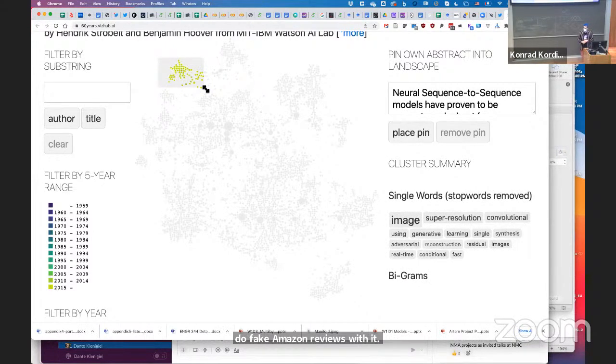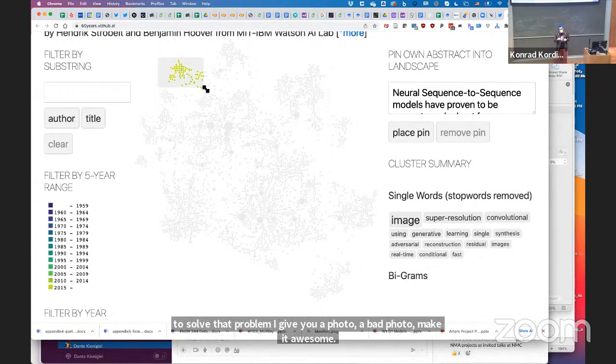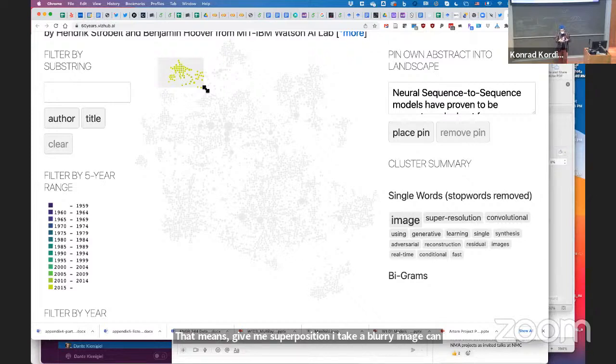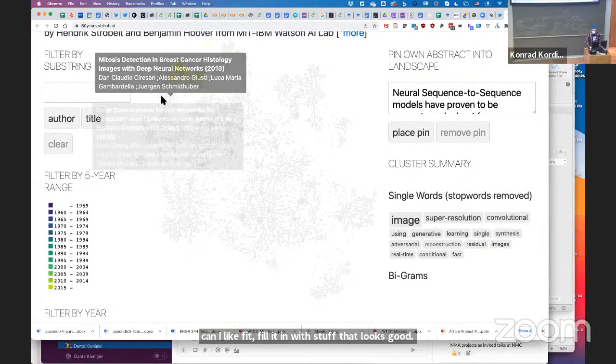Here we have image supervision. So this is basically a community that would like to solve that problem. I give you a photo, a bad photo, make it awesome. That means give me super resolution. I take a blurry image. Can I fill it in with stuff that looks good? Can I deal with missing data? Can I correct things?